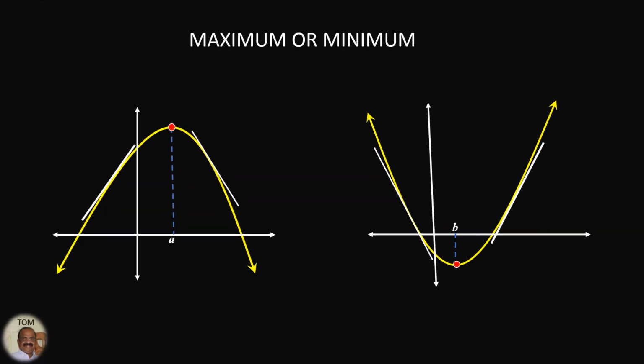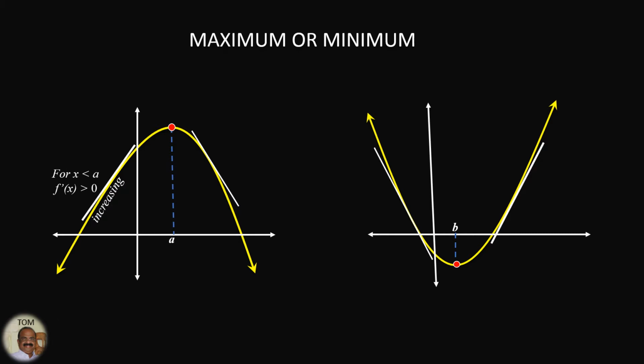Moving on to the next information, maximum or minimum. Turning points. Look at the turning points there. In the first graph, you can see the point A, the x value of the turning point is A. To the left of A, the function is increasing there.